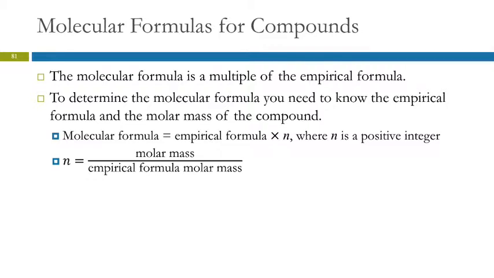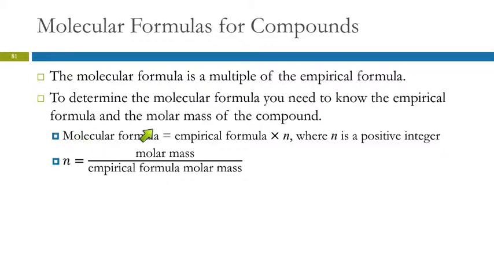The molecular formula is some multiple of the empirical formula. It could be the same, in which case it's multiplied by 1, right? Or it could be twice as big or 3 times as big. So to find the molecular formula, we need the molar mass of the compound, and that would have to be given to you. There's nothing in the problem that would allow you to calculate that.